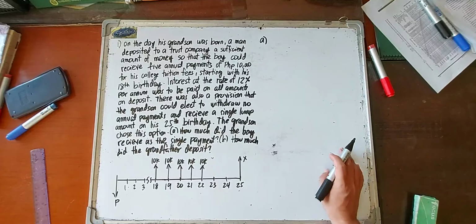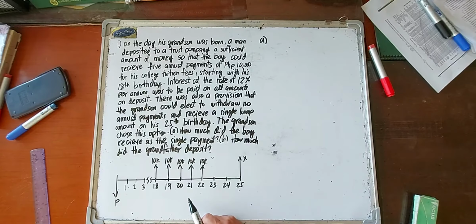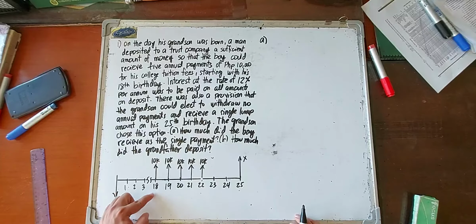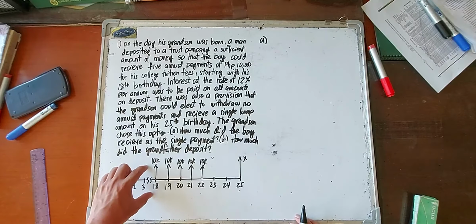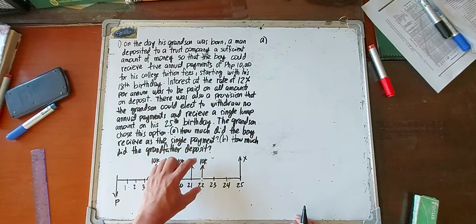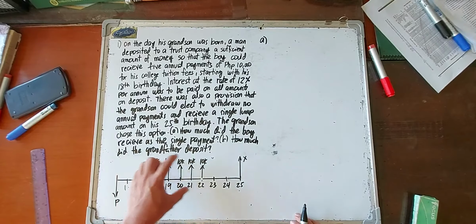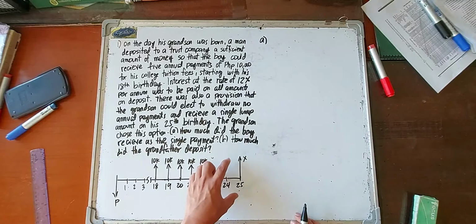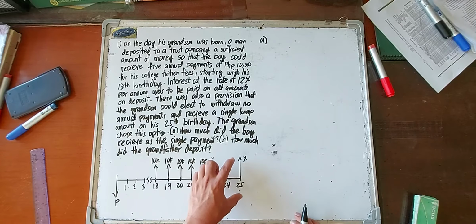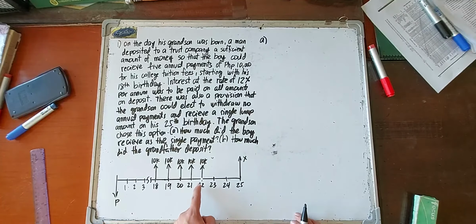So we can choose the 17th year, or we can choose the 22nd year na lang. We're just going to solve for the value of each periodic payment. So yung 10,000 on the 18th year, what would be its value punta dito sa may 22nd year, and so on, and then what would be the value of x, since our focal point is at the 22nd year.